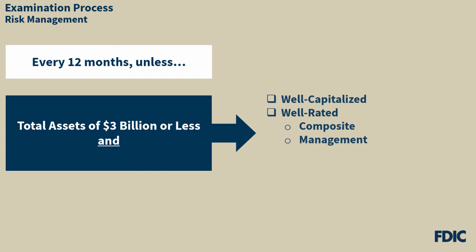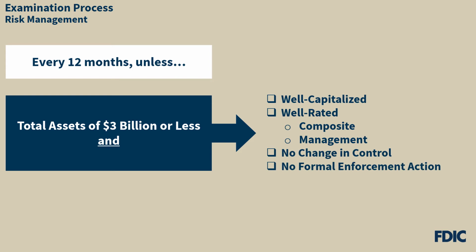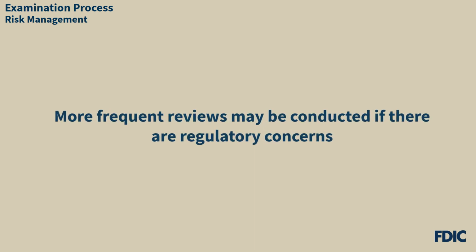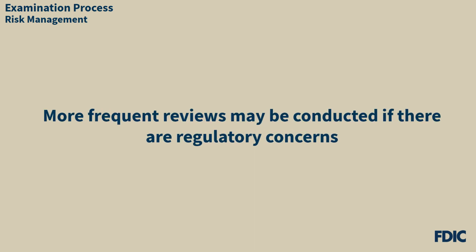These other criteria include the bank being well capitalized, well rated, with no change in control since the last examination, and no formal enforcement action. For those banks, the examination cycle is extended to every 18 months. With that said, reviews may occur more frequently if there are regulatory concerns.